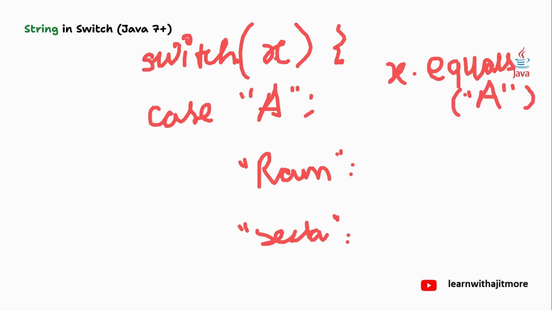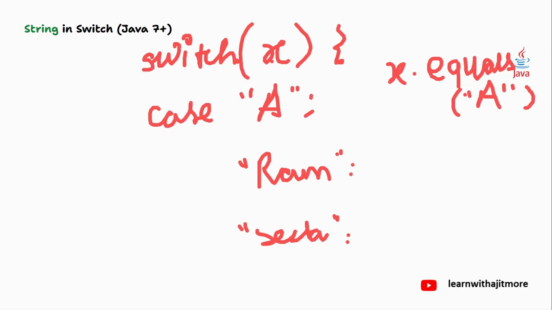Obviously, this X is a string. You have passed X as a string. That's what we are discussing: that to the switch, what is passed? String. And they allowed passing string from version 7. So whatever string is passed, that string is compared with these case values, which are string constant values.